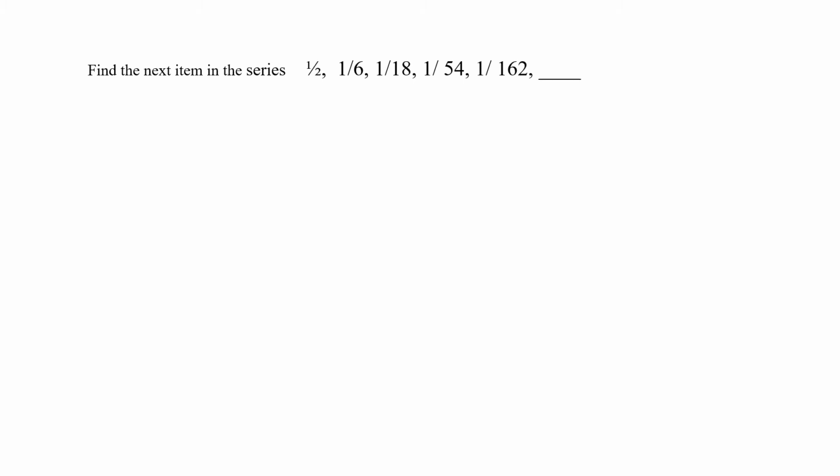Okay, for this next example of a series, we recognize that all the numerators are ones. So with that, that tells us that we need to concentrate on the denominators. Okay, so let's look at the denominators in there.